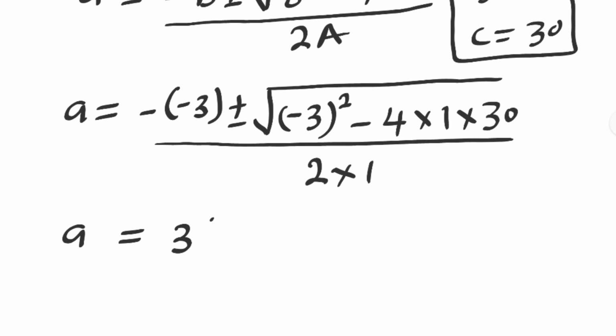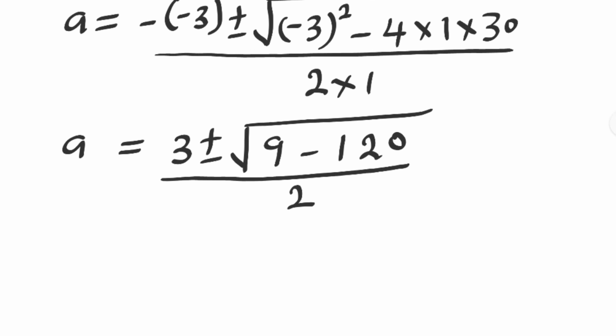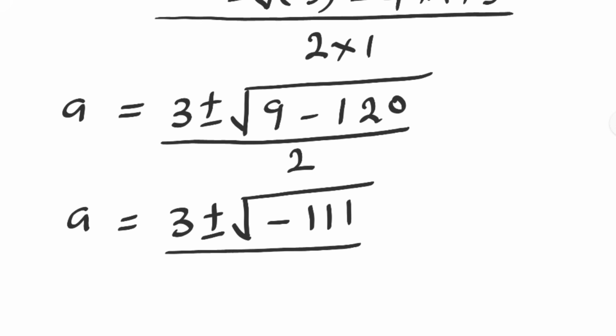This is 3 plus or minus square root of minus 3 squared. This is 9 minus 4 multiplied by 1 multiplied by 30. That is 120, over 2 multiplied by 1, 2. a is equal to 3 plus or minus square root of 9 minus 120. That is minus 111 over 2.